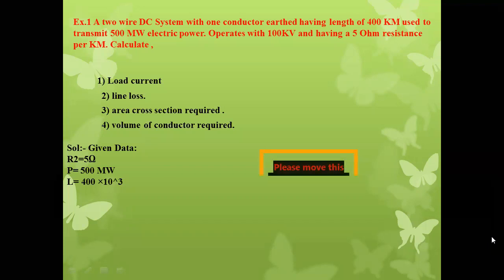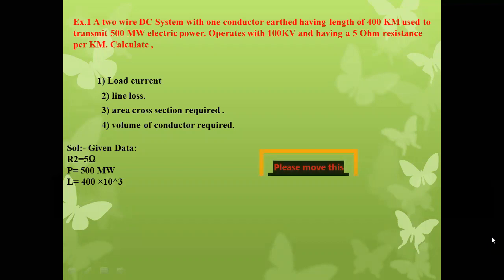So 2 into P square means what? 500 into 10 to the power of 6 whole square into 2.8 into 10 to the power of minus 8 into 400 into 10 to the power of 3 divided by W means what? You have calculated that, 250 into 10 to the power of 6 watt. Line loss will be 250 into 10 to the power of 6 watt, into Vm, how much?